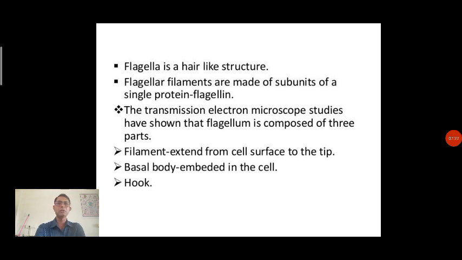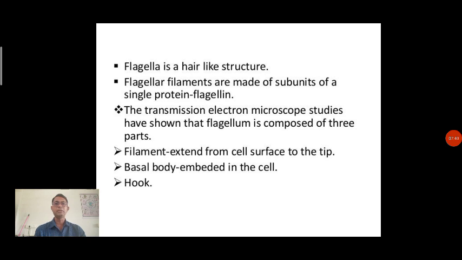The transmission electron microscope studies have shown that flagellum is composed of three parts. So as we talk about the attachment of this flagella to the bacterial cell, you can see there will be three parts. The first part is known as the filament, extended from the cell surface to the tip. So it is the external part that we call the filament.